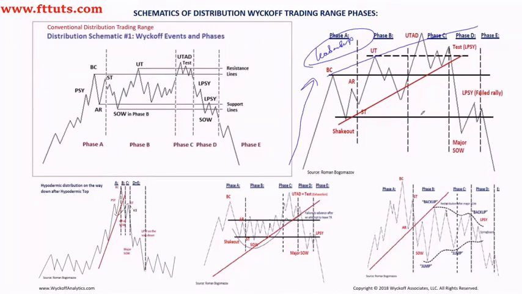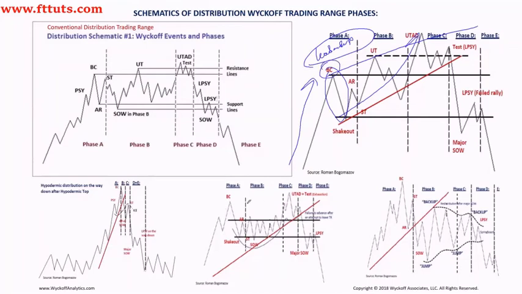And the 2018 market in the US is a prime example of that, where we did have a change of character, and yet we had an upthrust into the climactic high.